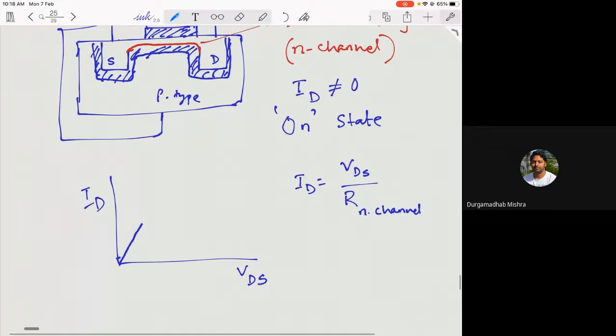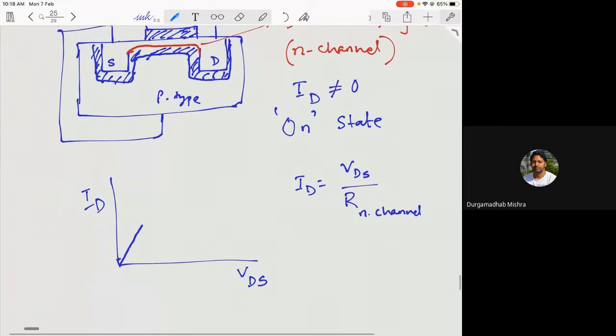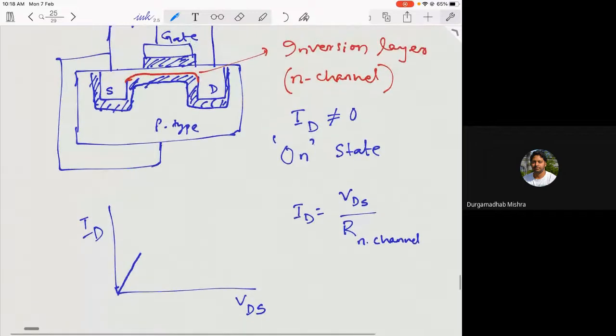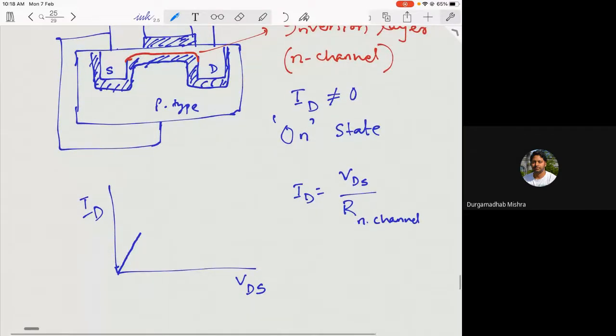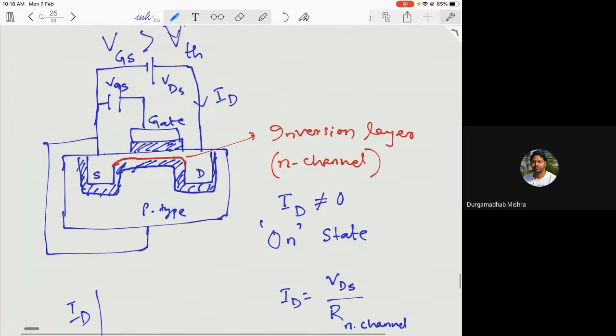Now what happens if I keep on increasing this VDS? Will it just keep on increasing linearly? No, it is not. So what would happen to the channel in that case? Let's look at that. We have established that the gate voltage is above the threshold voltage.